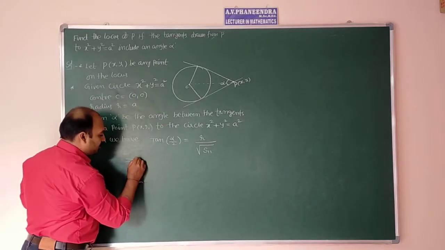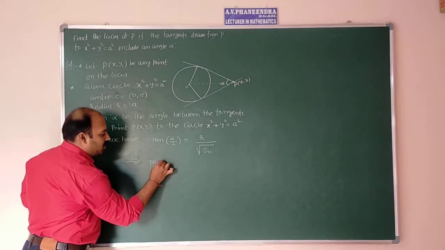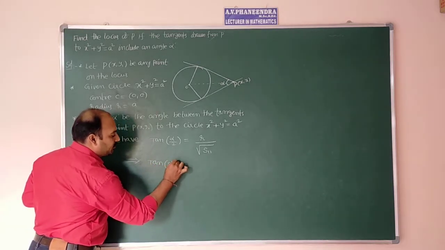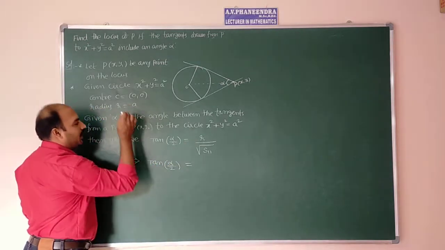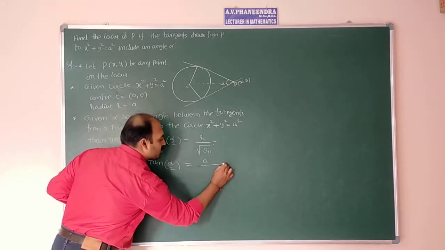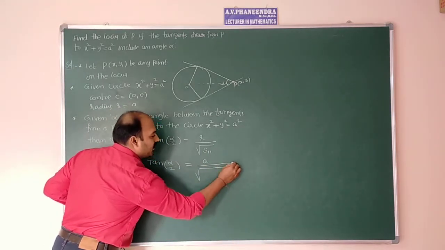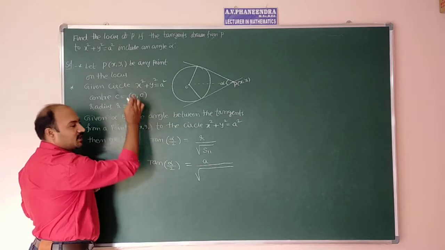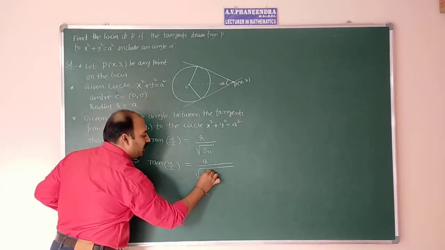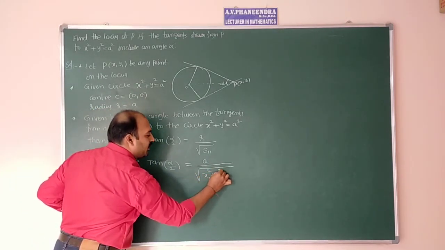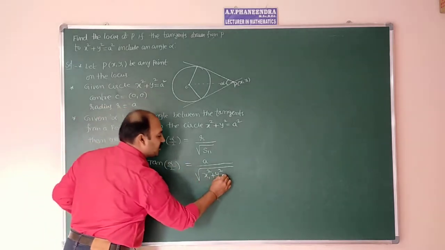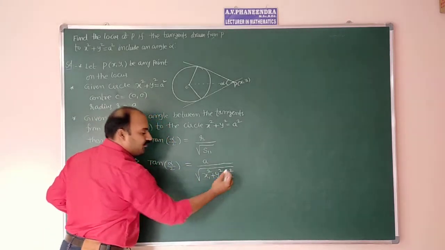So that implies tan alpha by 2 equal to a by square root of S11, that is x1 square plus y1 square minus a square.